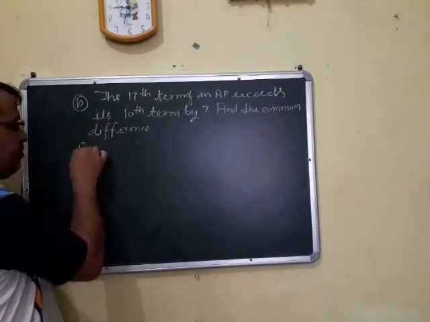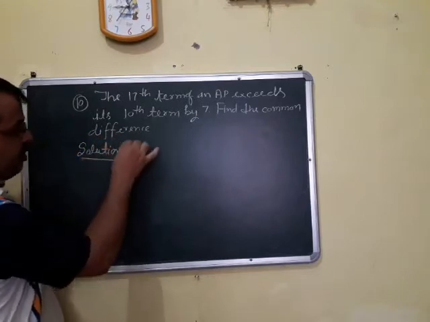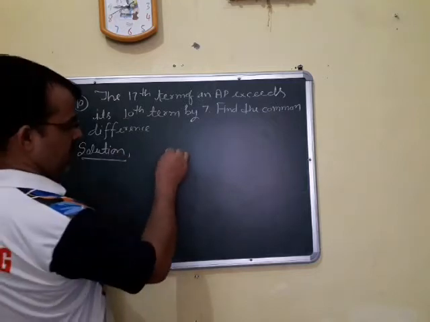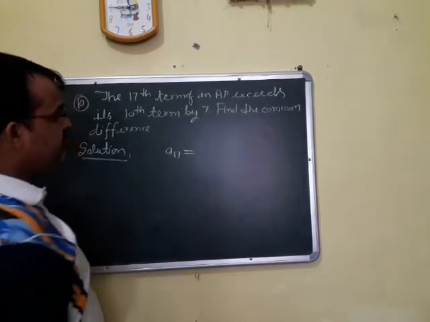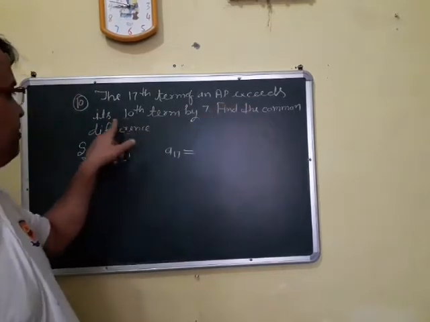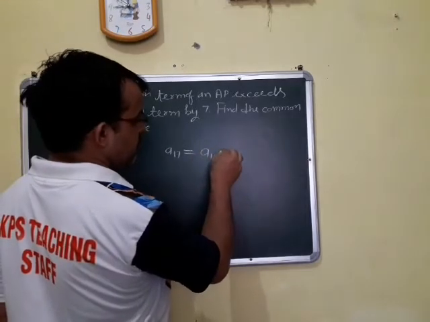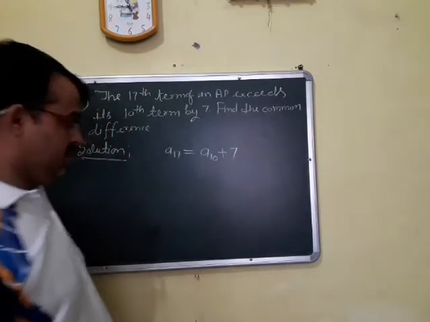Now look at the solution of this problem. Now here given that the 17th term A17 exceeds the 10th term A10 by 7. Clear?